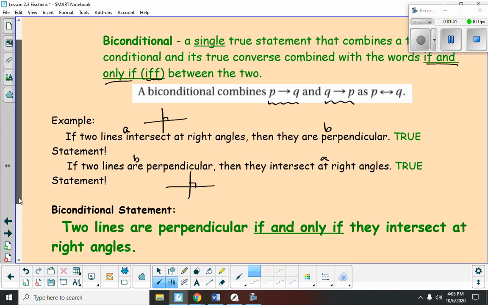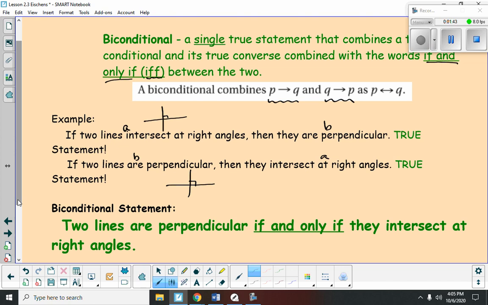So you can write it as one statement. And here's what you do. You get rid of the if, you get rid of the then, and you connect either A or B, whichever you want to put first, it doesn't matter, with if and only if in the middle. So two lines are perpendicular if and only if they intersect at right angles.